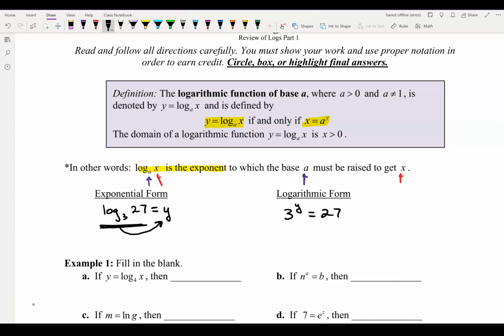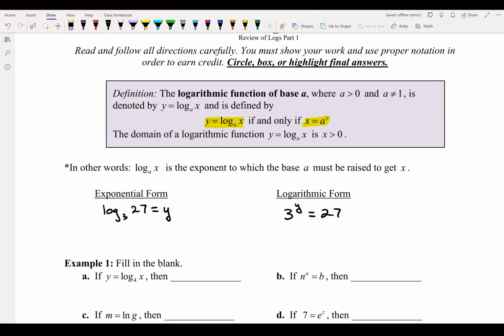Sometimes the way students remember this is with a visual: they take this orange curling arrow to remind themselves that they're starting with the base 3, raising it to the y power, and it has to equal 27.